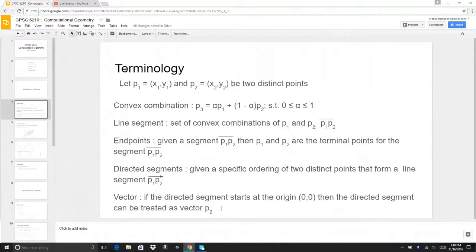So when you have a starting point for the vector and a direction for it, so if the origin was P1 and P2 was some other distinct point, then moving in that direction from the origin to P2, you would have the directed segment also considered a vector.